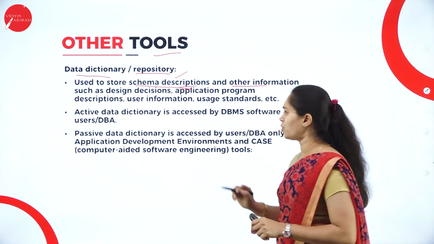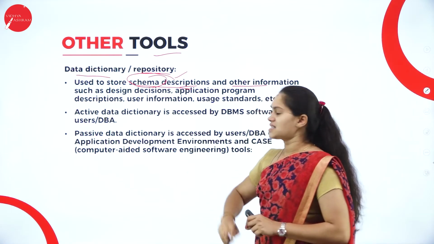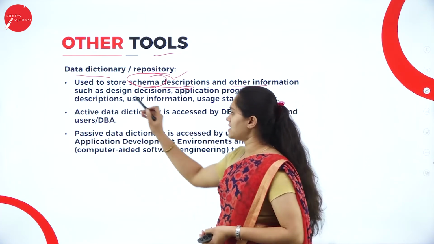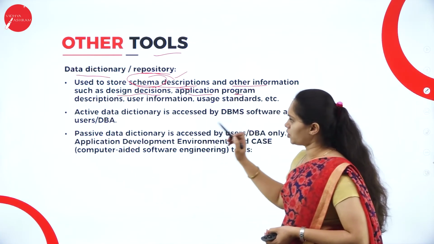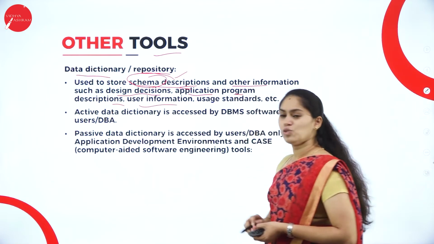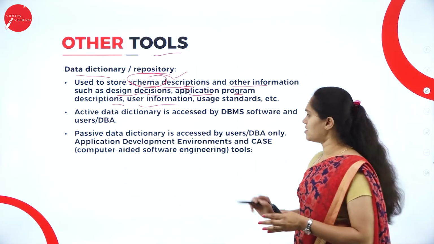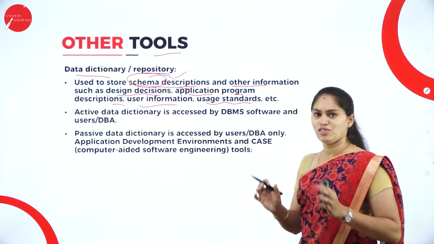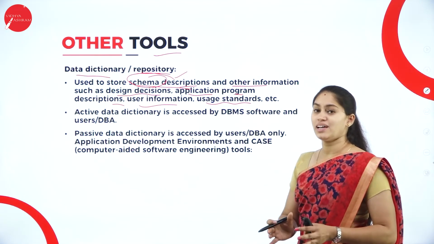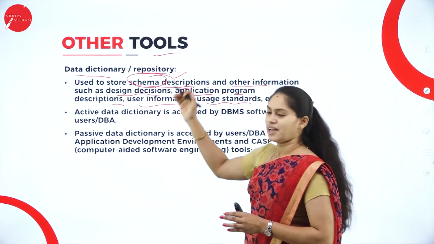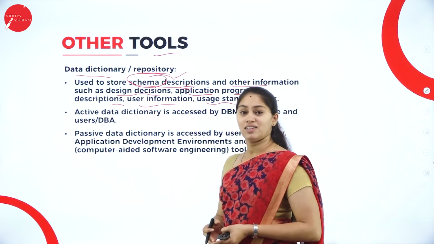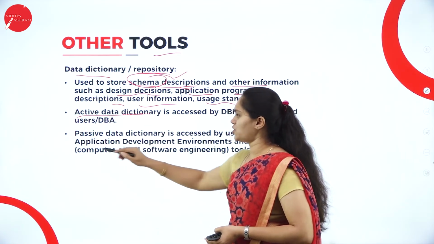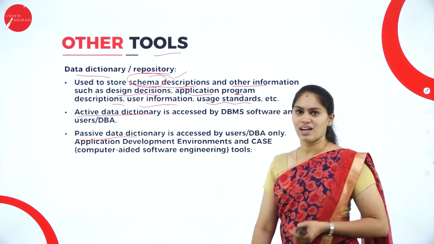It not only stores information regarding the schema description, it also includes information with respect to design decisions, application program descriptions, and user information, like who all my users are, and also usage standards, etc. These kinds of information are stored in the data dictionary, the repository, or the metadata. And we have two kinds of data dictionary: one is the active data dictionary and the other is the passive data dictionary.